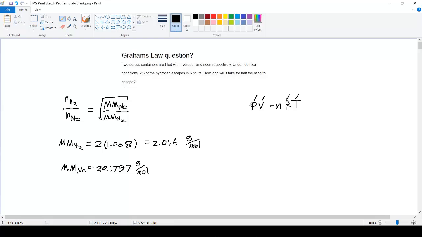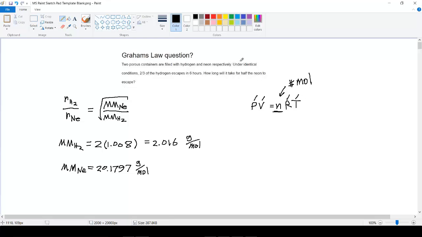So that means if you just look at this as an equation, P, V, R, and T are all the same numbers for hydrogen or for neon, which means if you were to look for N, which is the number of moles, then either way you're going to have the same number of moles of hydrogen as you do neon.